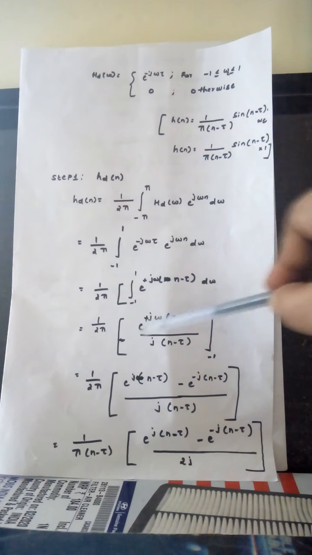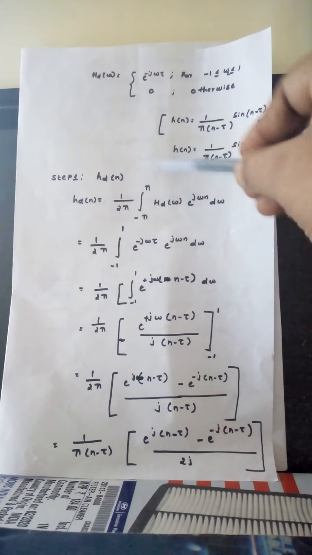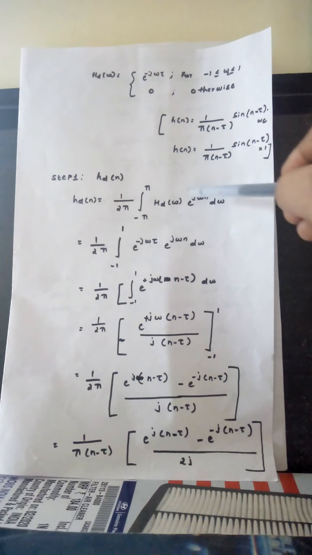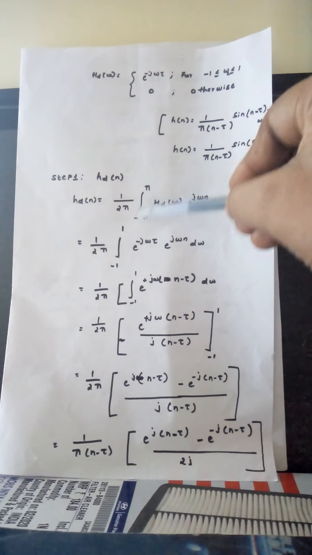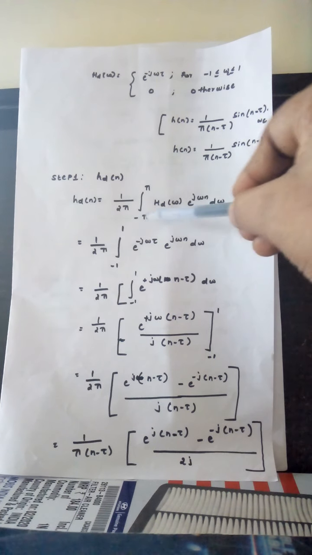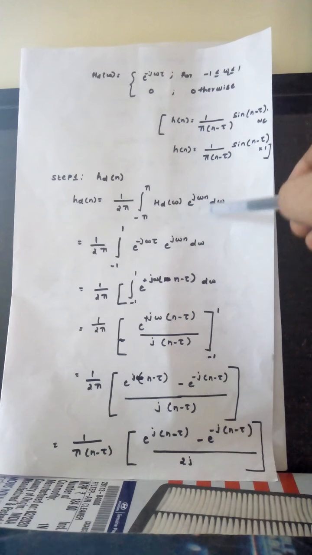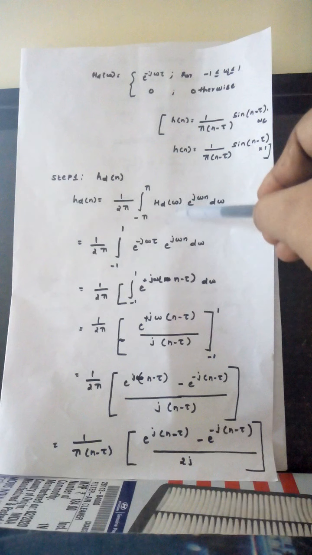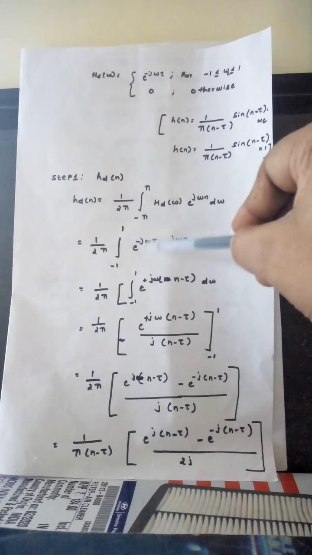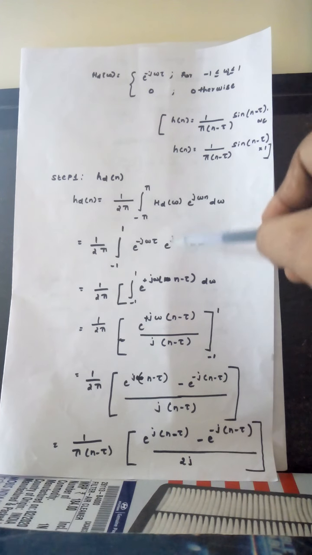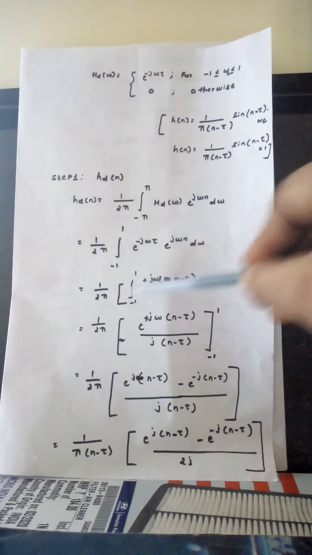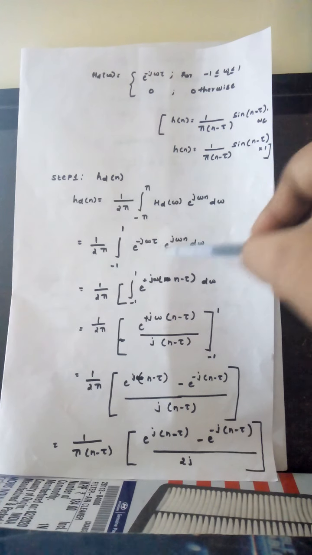First step, we have to apply the inverse discrete Fourier transform. The formula is 1 by 2 pi, integral from minus pi to pi, ht of omega e to the power of j omega n into d omega. What is ht of omega? They have given it as e to the power of minus j omega tau, into e to the power of j omega n into d omega. In both terms j omega is there.